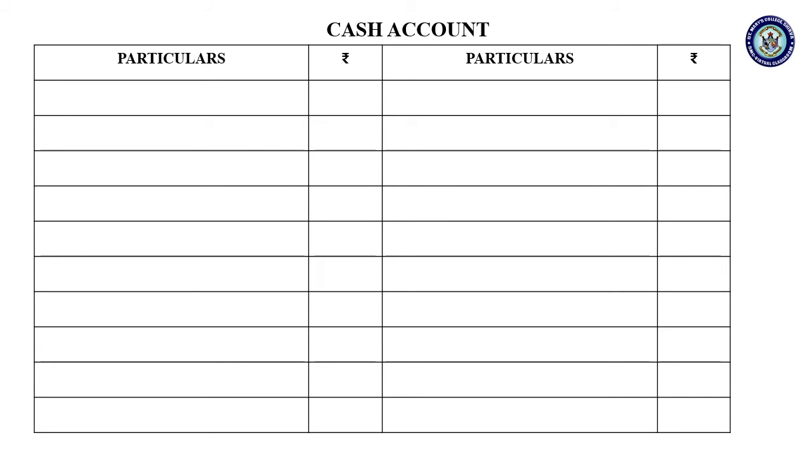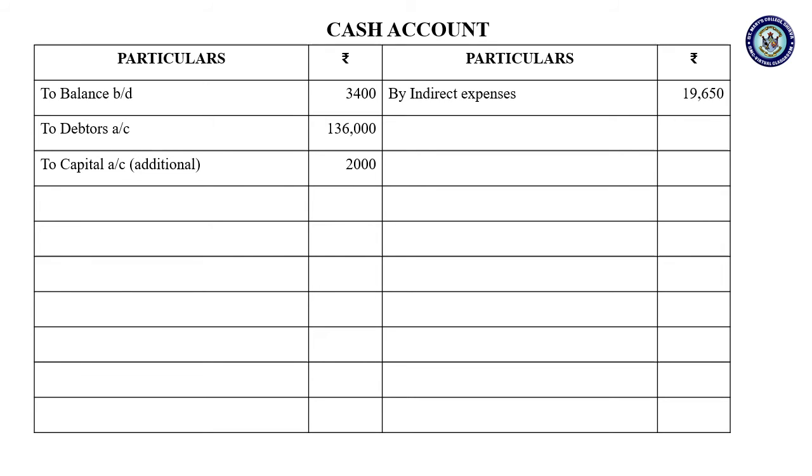Okay, now we check your cash account. To start with, opening balance, that is to balance brought down 3,400. Then cash received from debtors, that is to debtors 1,36,000. To capital account, that is additional capital paid in. So the journal entry is cash account debit to capital 2,000. And the indirect expenses, then we had drawings, so by drawings.